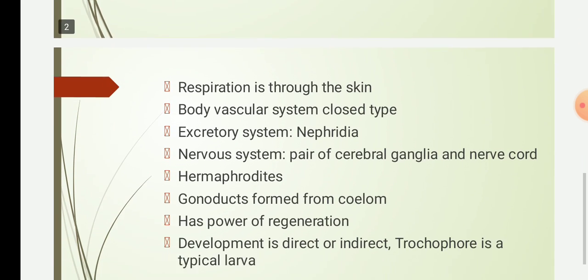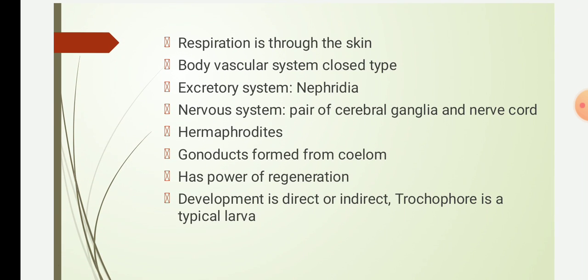Respiration is through the skin or outer surface, whereas a few also possess gills. The vascular system is of a closed type, involving vessels to carry the blood. The excretory system is through the nephridia.